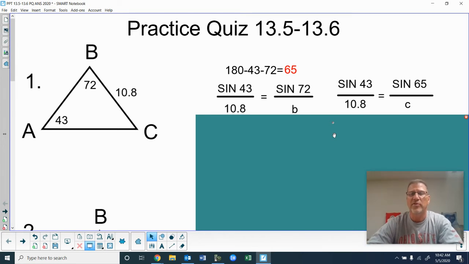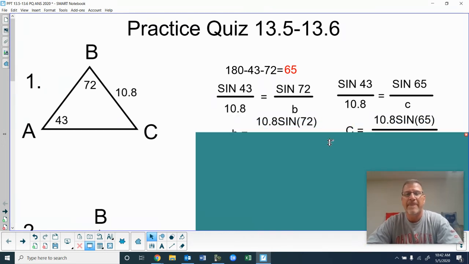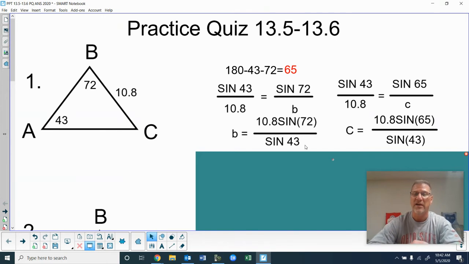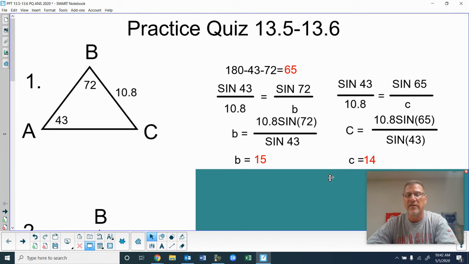All right, so we just cross multiply and divide. 10.8 times the sine of 72 divided by the sine of 43. I forgot to put my parentheses in there, but when you hit sine in your calculator, it will put the parentheses. When you cross multiply and divide, I'm rounding to the nearest whole number.